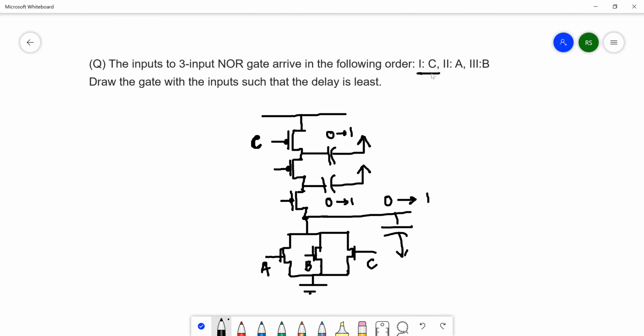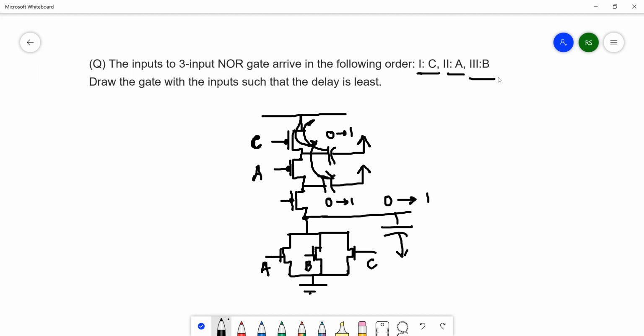As soon as C comes, this is the first signal to come. This will be conducting and it will be able to charge this particular capacitor, and the first intermediate capacitance has reached the final value. Now this transistor is conducting because C has arrived. Next signal to arrive is A, so give A here. Once this comes, C is already conducting, so now the second capacitor also will be able to charge.